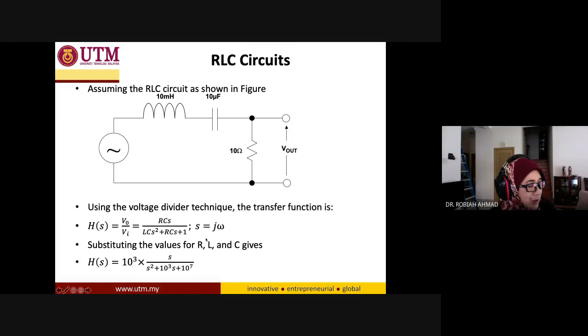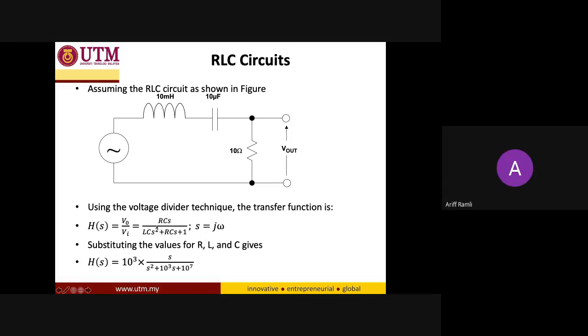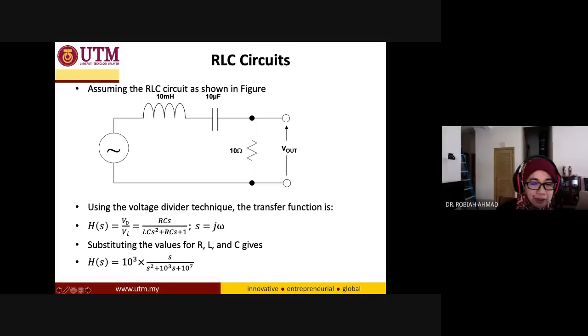So what order is the system, class? Second order, because our s here is squared. And if we rewrite the equation, this is what I mean by the Laplace, and we see that here, s square, second order.